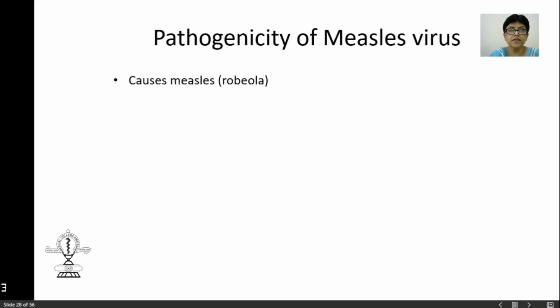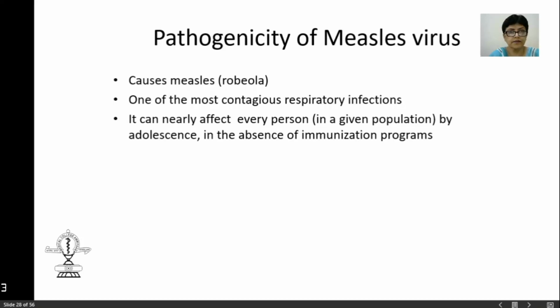The pathogenicity of the measles virus: it causes rubeola or measles. This is one of the most contagious respiratory infections, occurring with a rash. It is one of the 5 childhood exanthemas along with mumps, one of the most contagious and one of the most deadly along with smallpox and chickenpox.